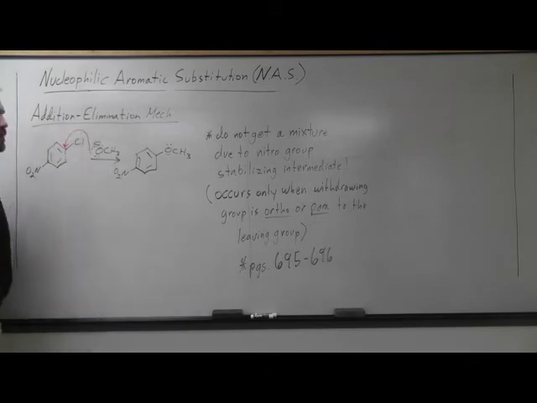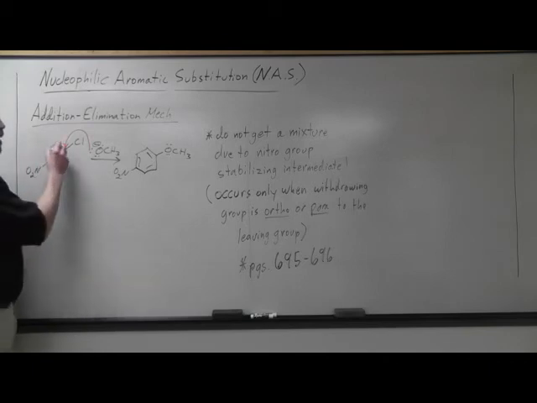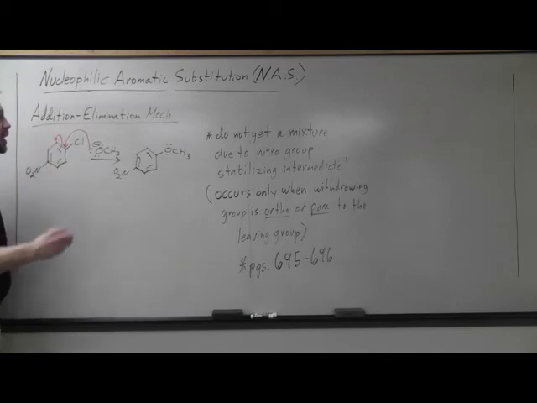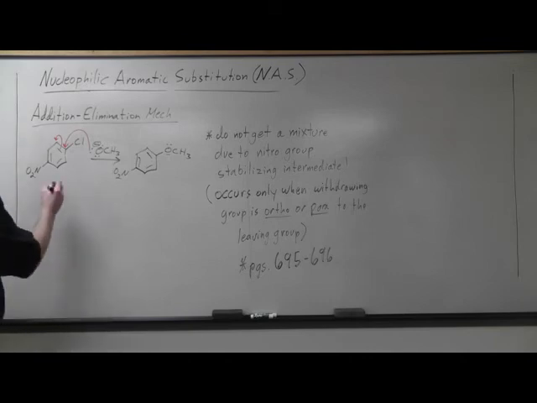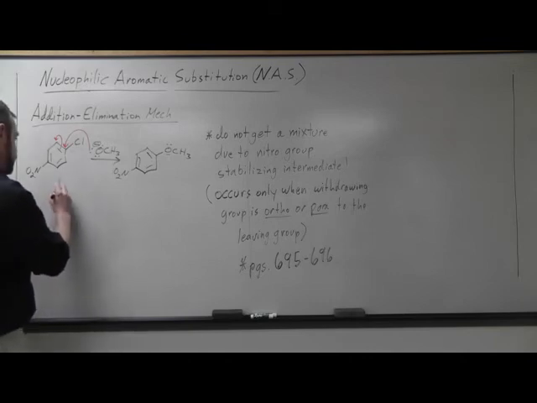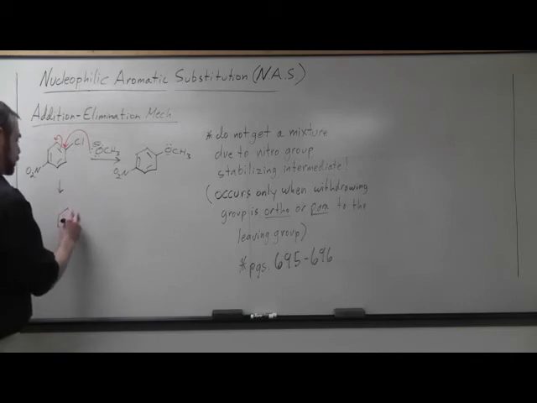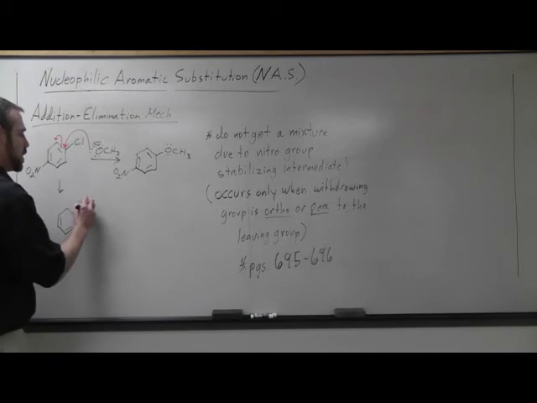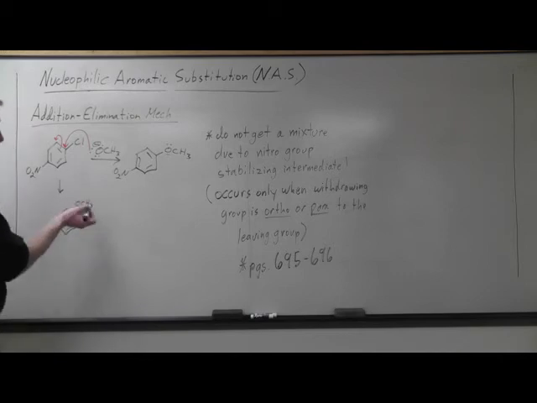And unlike other substitutions, when it forms a bond here, since there's pi bonds, the leaving group doesn't leave immediately. And so we lose aromaticity, because we formed an sp3 carbon.